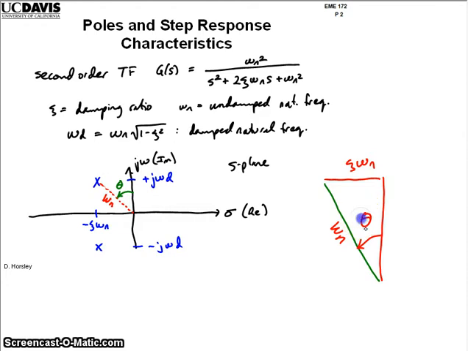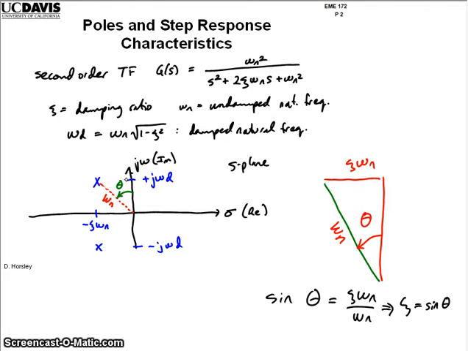So here's our theta. Sine of theta is equal to zeta omega n divided by omega n, so it's easy to see that zeta is equal to sine of theta. That's how the damping ratio is related to the angle of the poles relative to the imaginary axis.